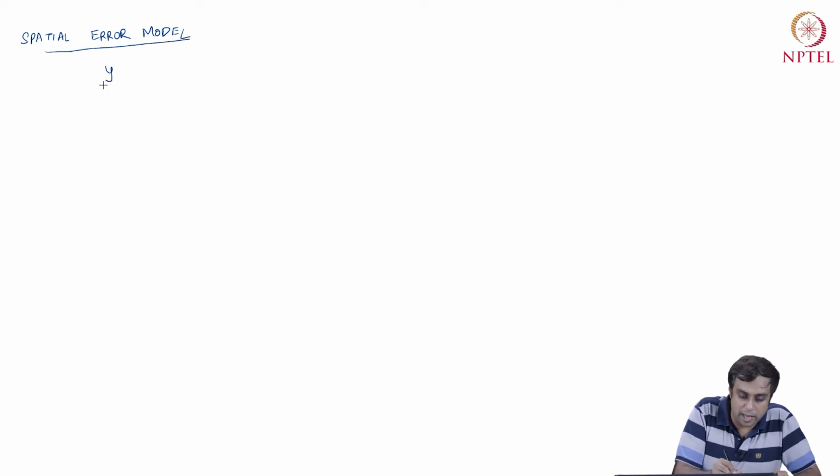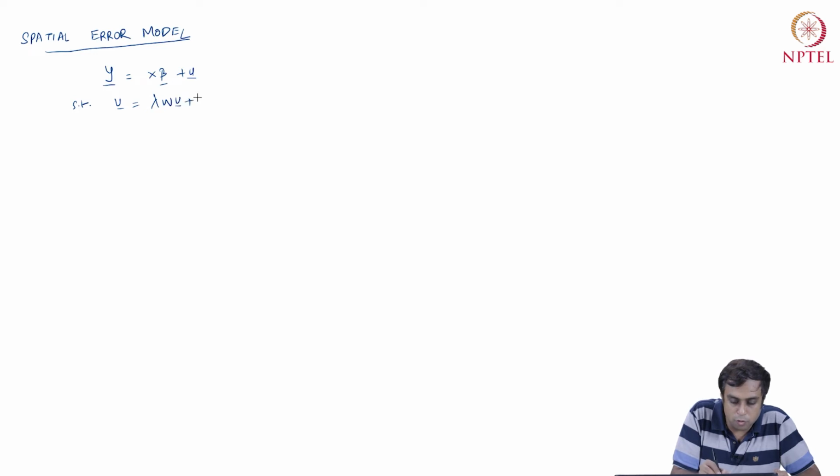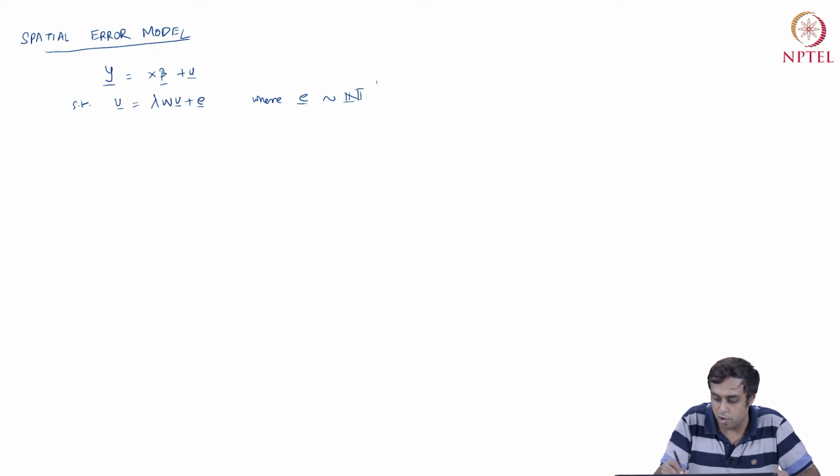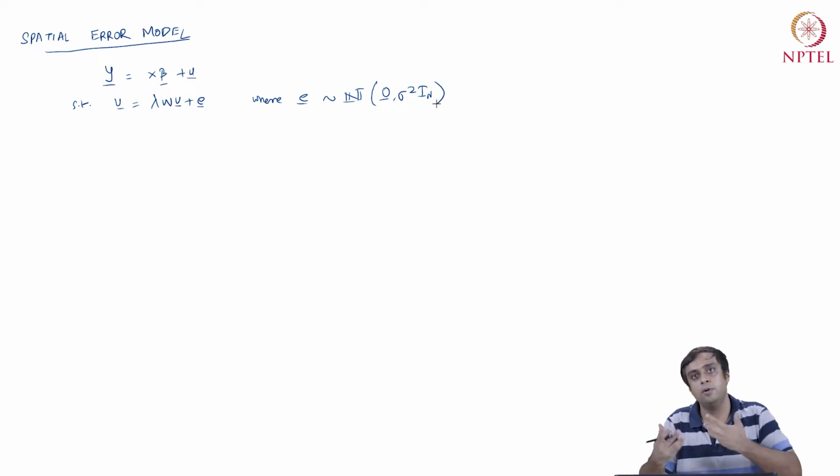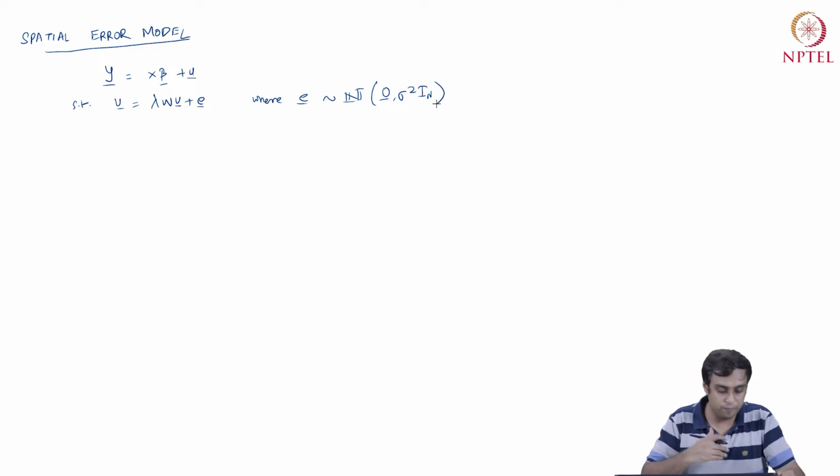Okay, so I have y equals X beta plus u, such that u equals lambda W u plus e, where e is multivariate normal with mean 0 and variance sigma squared, and the covariances between the errors e are 0, right?